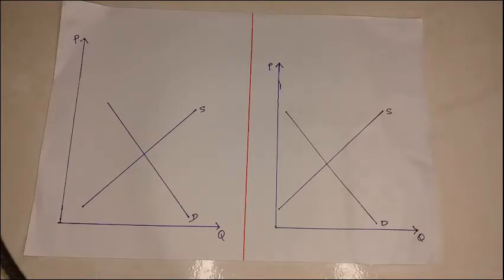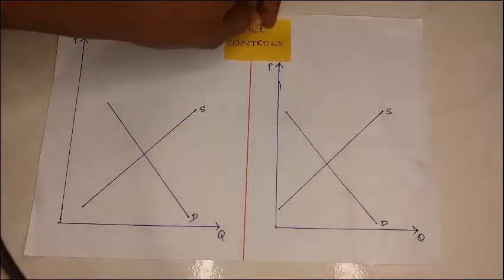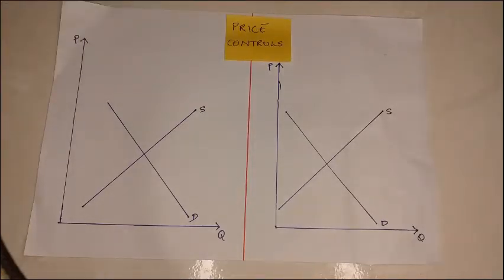In today's video, we're going to be examining price controls. The first price control we are going to look at would be a price floor. And a price floor occurs above the equilibrium point.